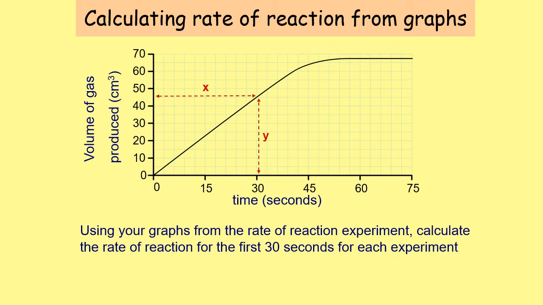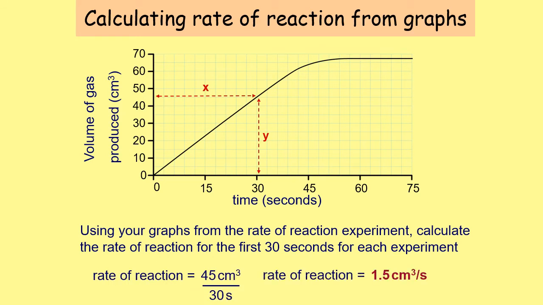Rate is change in quantity divided by change in time. So that is going to be 45 divided by 30, which gives us 1.5. And again, the units are the units for the volume, centimeters cubed, divided by the units for the time, which was seconds. So 1.5 centimeters cubed per second.